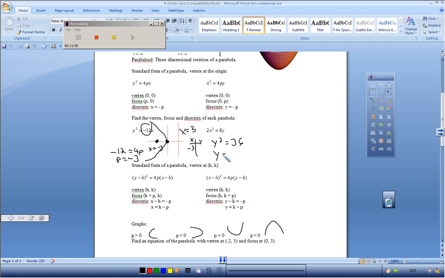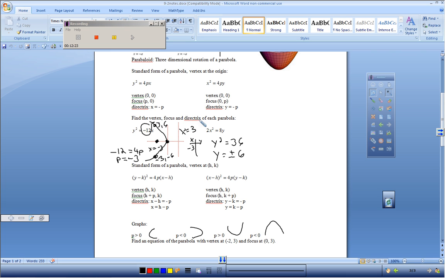So y equals plus or minus 6. So in other words, there are 2 points over here, one at negative 3, 6, and one at negative 3, negative 6. So that's how you would sketch that.